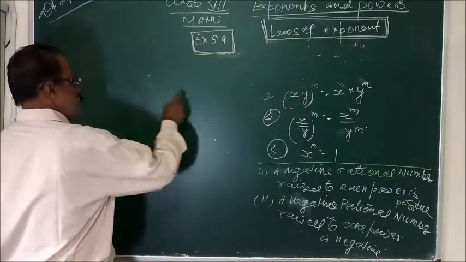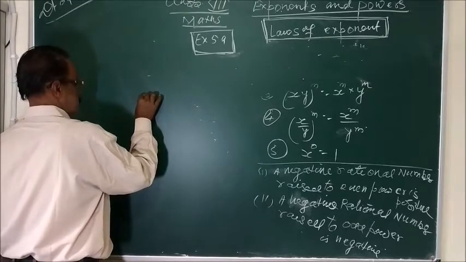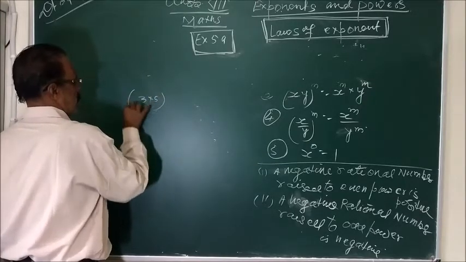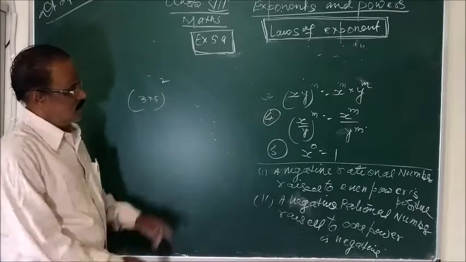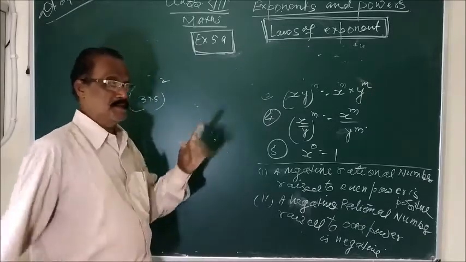Suppose any rational number, or you will see, suppose (3 into 5) whole power 2. So what formula can you use? Rule number 3.